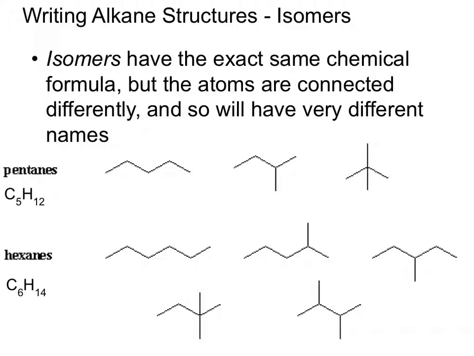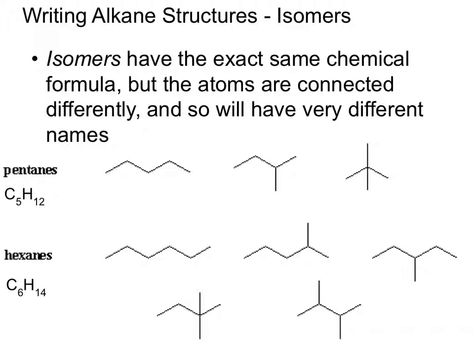Isomers are compounds which have the same exact chemical formula, but the atoms will be connected differently, and so they will have different names. We will be talking about naming in just a bit. But for example, if we have the formula C5H12, those atoms can come together in 3 different ways in order to make 3 different compounds.